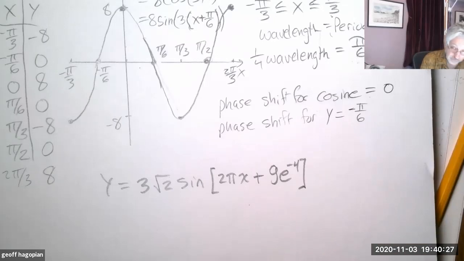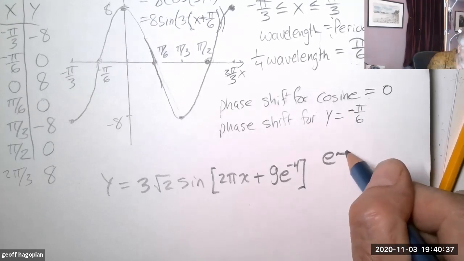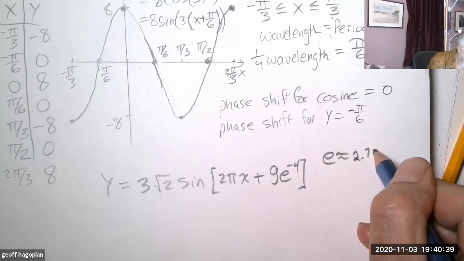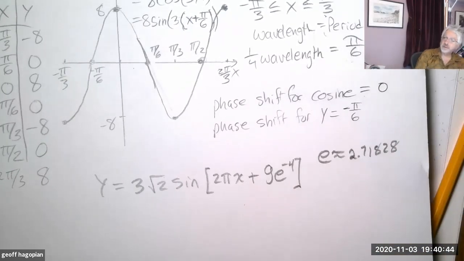In fact, in chapter 4, they define e, and we're in chapter 5. So the authors of the text think they know what e is. Well, let me just tell you, e is a special number like pi. It's approximately 2.71828. Okay, so it's just a number, right? And that number to the negative 4 power is going to be pretty small, right? So 9 times that pretty small number is still going to be pretty small.